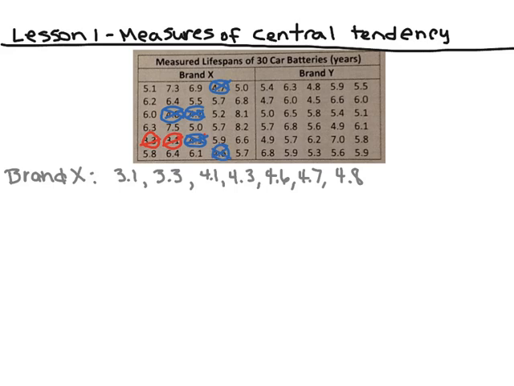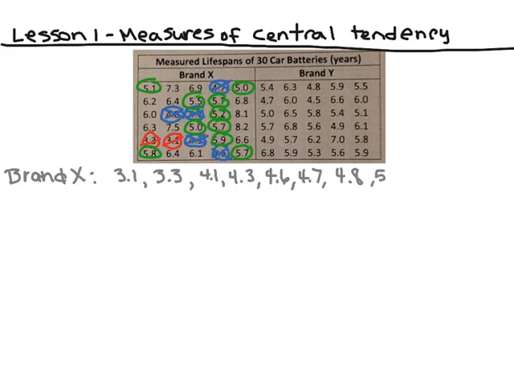Now we'll do 5s. So 5.1, 5.8, 5.5, 5.0, 5.7, 5.2, 5.7, 5.9, 5.7, and 5.0. So all the 5s. Yep. So now we're going to put them in order.